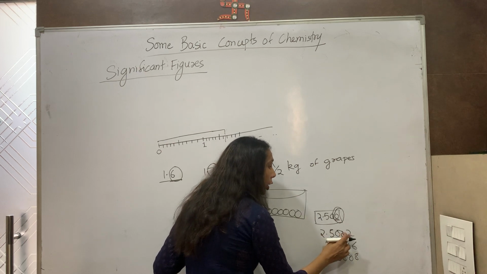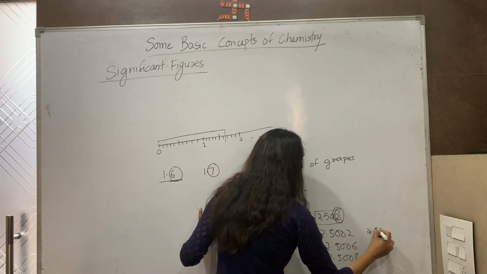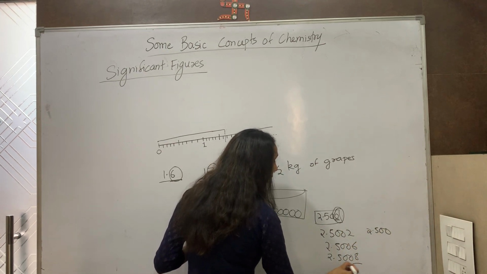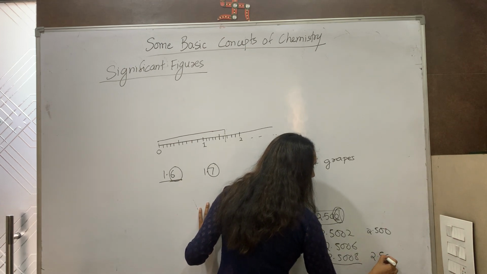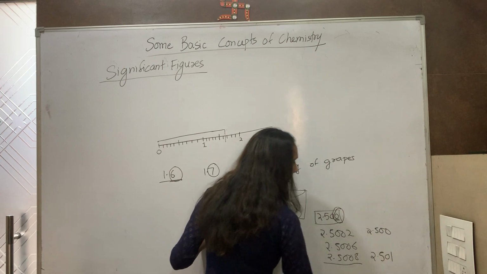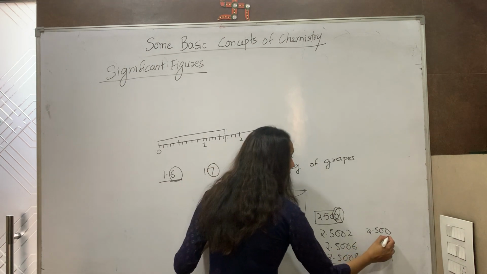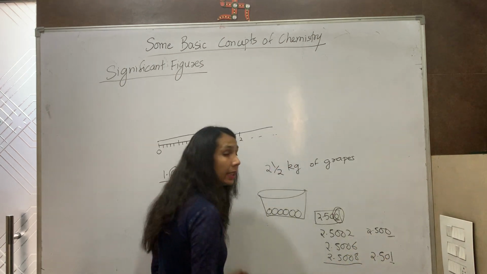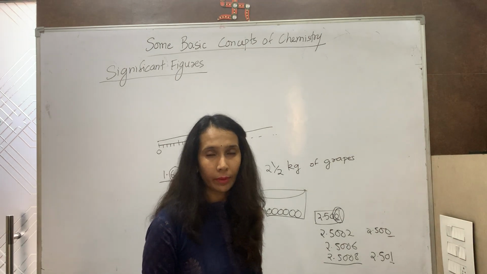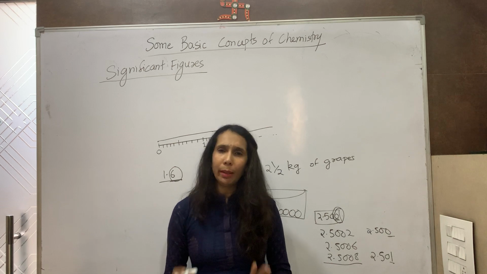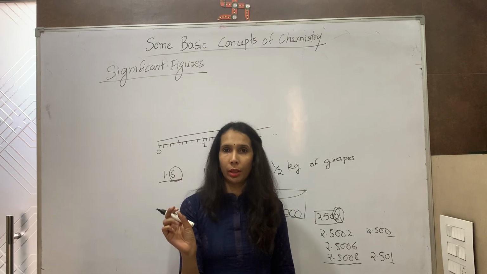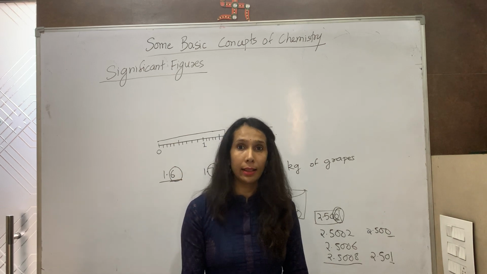Because if it is 2, I can round off and write 2.500. But if it is 8, I can round off and write 2.501. That means the last digit of my measurement is uncertain. So always in scientific measurements or any measurements, the last digit is always uncertain.